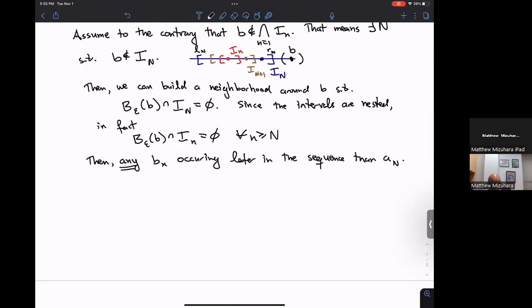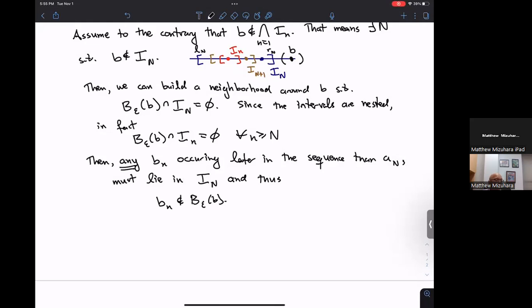Okay. So any b sub n occurring later in the sequence than a sub N must lie in I sub capital N, and thus those b sub n are not contained in the epsilon neighborhood around b.